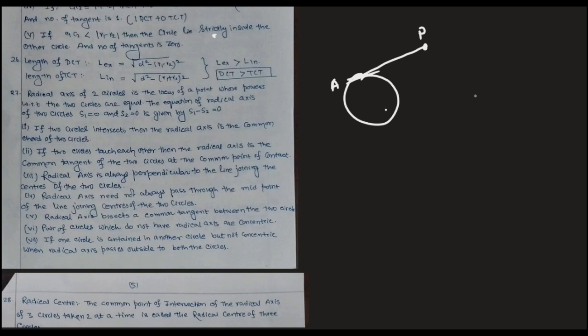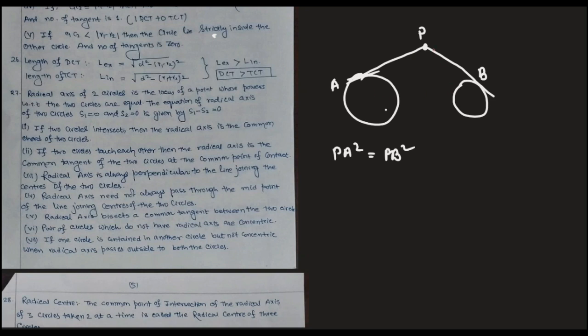You take another circle here and draw the tangent at the point B, and if you get PA square equal to PB square, then you can say that the locus of the point P is called the radical axis, and you get the radical axis like that.